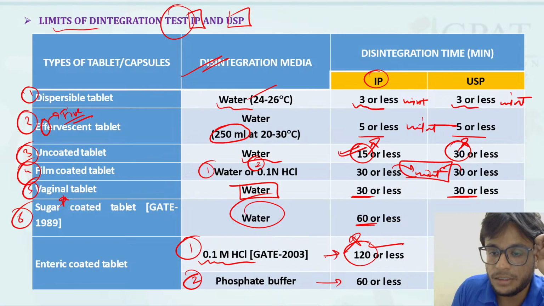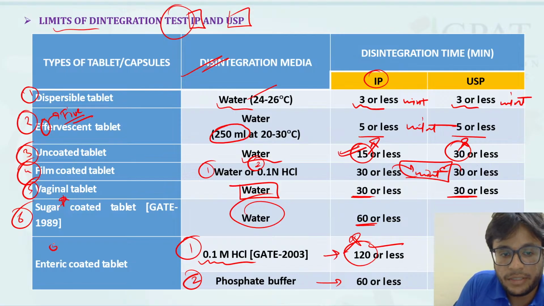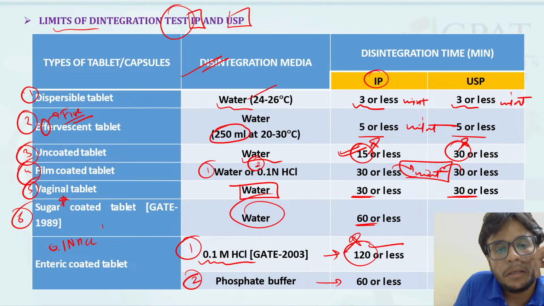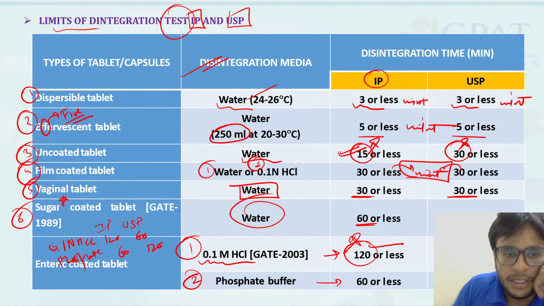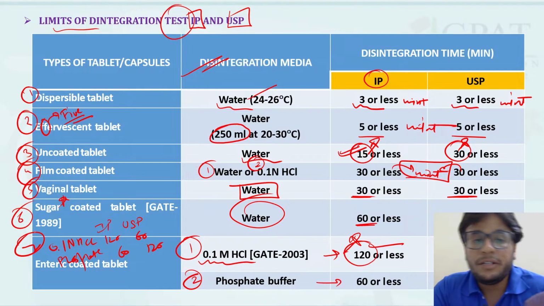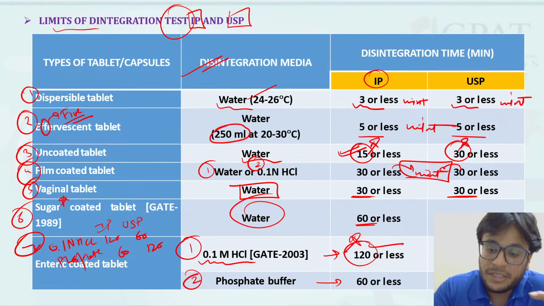So we have to just remember, with 0.1 HCl, for IP and USP, an enteric coated tablet is 120 and 60, and for the phosphate buffer the trend will be reversed. So these are the different disintegration times as per IP and USP decided for the different kinds of tablets.